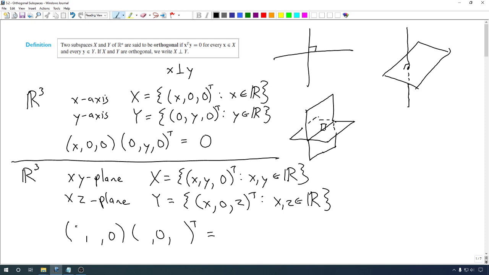We'll say (1, 1, 0) and (1, 0, 1). If we multiply those two together, we get 1 times 1, so we get a 1 here. We get 1 times 0, so 0, and then 0 times 1 to get another 0, and finally we end up with a 1. These two vectors are not orthogonal to each other. So by this definition, even though we might want to think of them as being perpendicular in a geometrical sense, these two subspaces are not orthogonal.